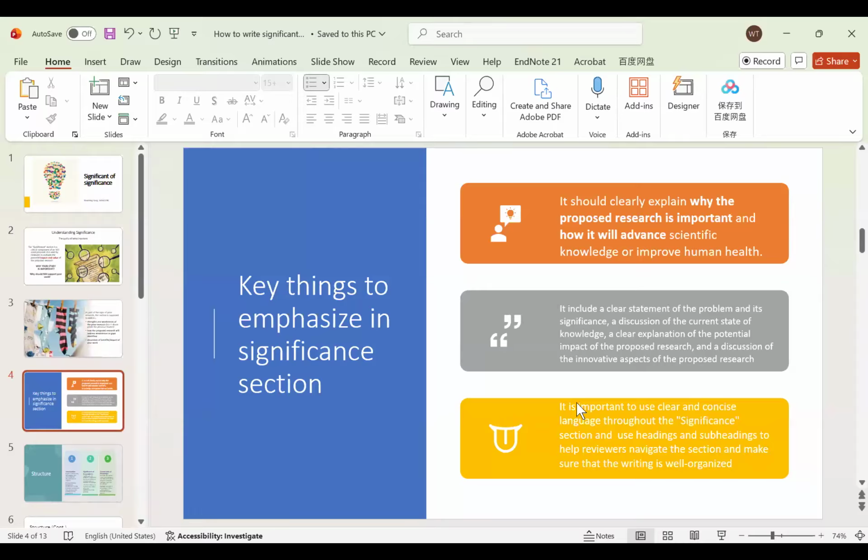So that's why in any NIH application, you want to emphasize that your proposed research is aligned with the NIH priorities, and you want to address the problems by addressing the concerns of NIH. I hope this answers your question.